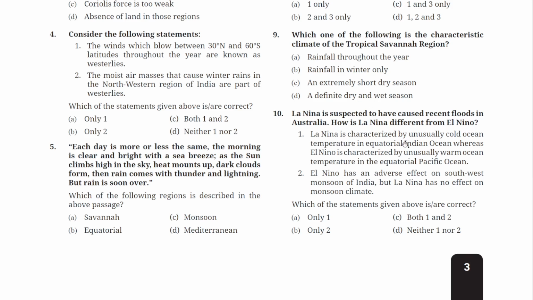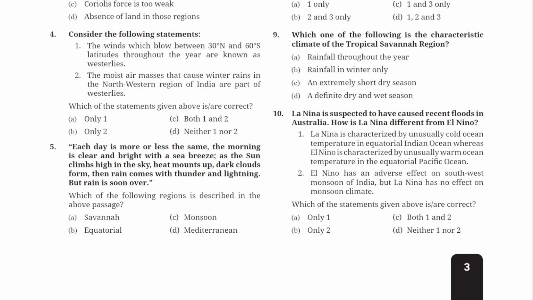La Nina is characterized by unusually cold ocean temperature in the equatorial Indian Ocean, whereas El Nino is characterized by unusually warm ocean temperature in the equator. No, the first statement is wrong. El Nino has an adverse effect on the southwest monsoon of India, but La Nina has no effect. No, such an extreme statement is obviously wrong. But you should know what La Nina and El Nino are.